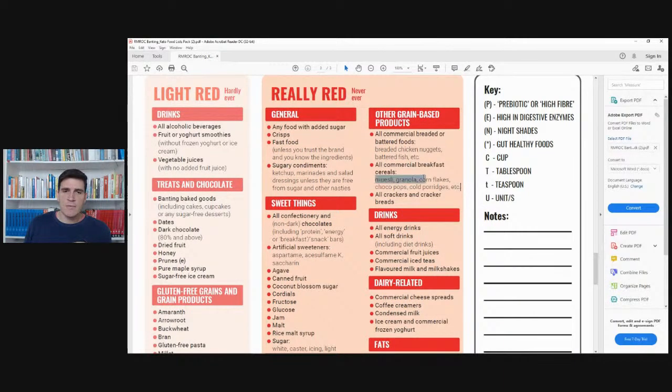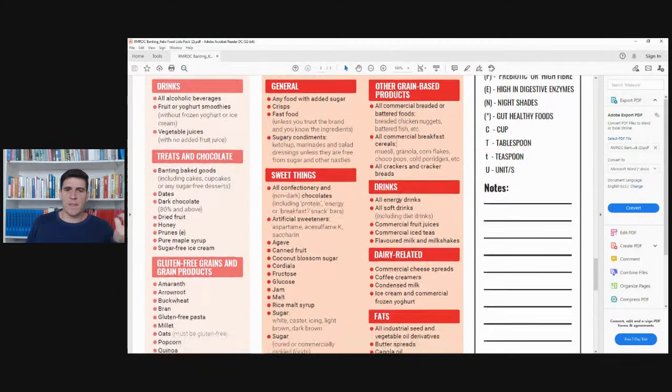Breakfast cereals, even though they're so innocent and tiny in this little list, it's almost like breakfast cereals should have their own poster, because breakfast cereal is like giving your children a gluten and sugar injection in the morning and telling them to go and use their brain, and they're going to be high on the sugar. So we want to stay away from breakfast cereals, and then obviously all crackers, which would fit under bread products as well.